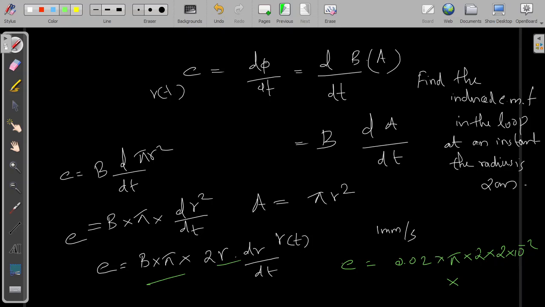The rate at which the radius is shrinking is given as 1 millimeter per second, so it will be 1 into 10 power minus 3 meter per second. If you multiply all this, you will get E is equal to 2.5 microvolt.